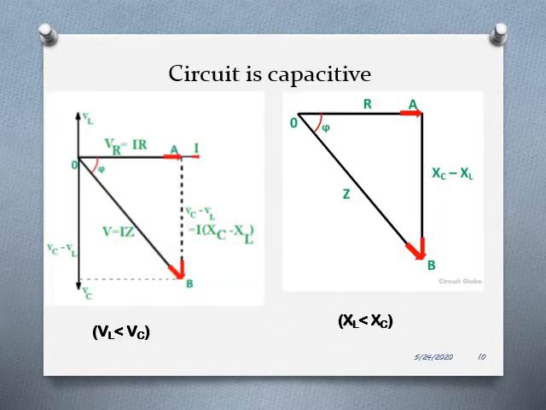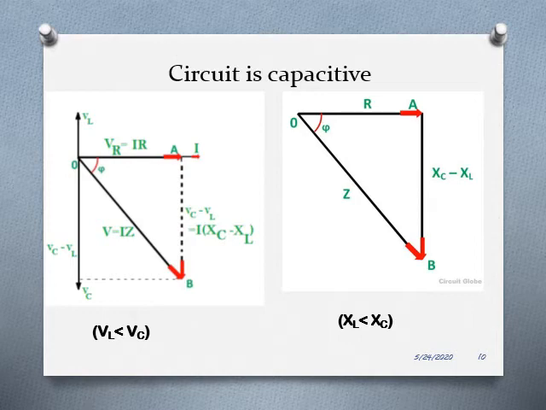Now the second condition that we are assuming is that the circuit is capacitive, meaning VL is less than VC, or you may write it as VC is greater than VL, or the circuit reactance is in such a way that XC is greater than XL. So first look at the phasor diagram. Always start with the current vector.